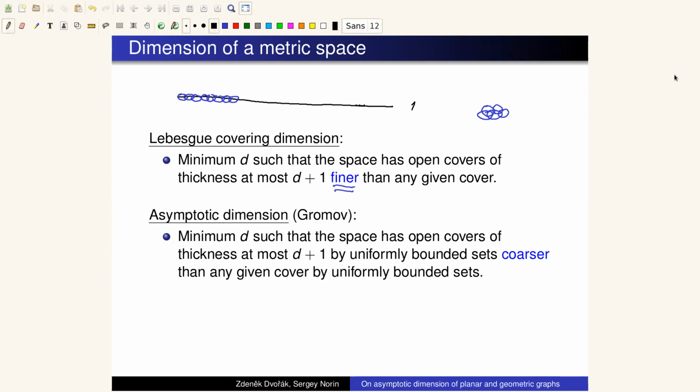Sometimes, and in particular in structural graph theory, what we want to look at is the large scale behavior, the large scale structure of the graphs that we consider. And in that case, we don't want this dimension to be spoiled by things which happen on the local level.